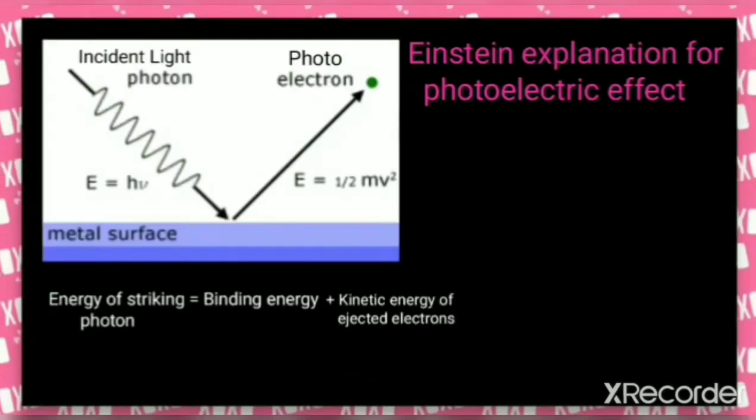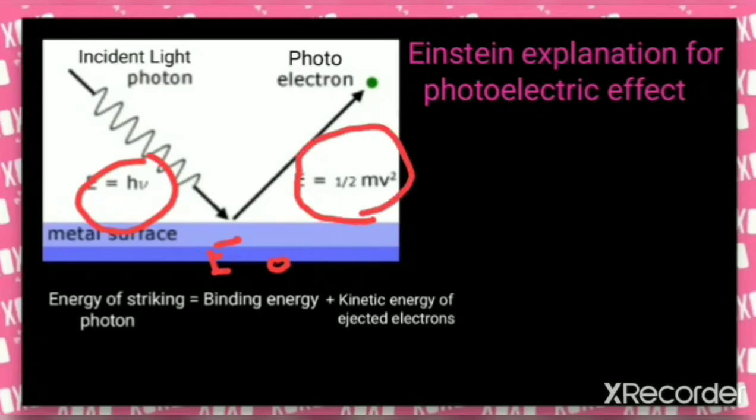According to Einstein, when a photon with energy E equal to h nu strikes the metal surface, some of its energy is used up. That is, energy E naught is used up to eject the electron from the metal atom, and the remaining energy is given to the electron in the form of kinetic energy.